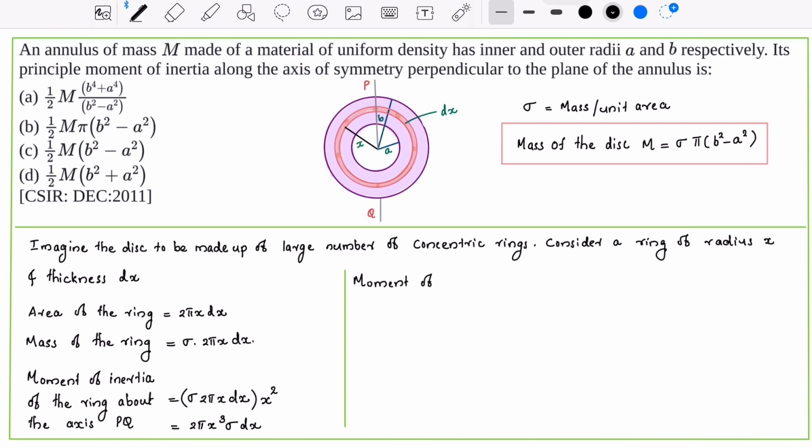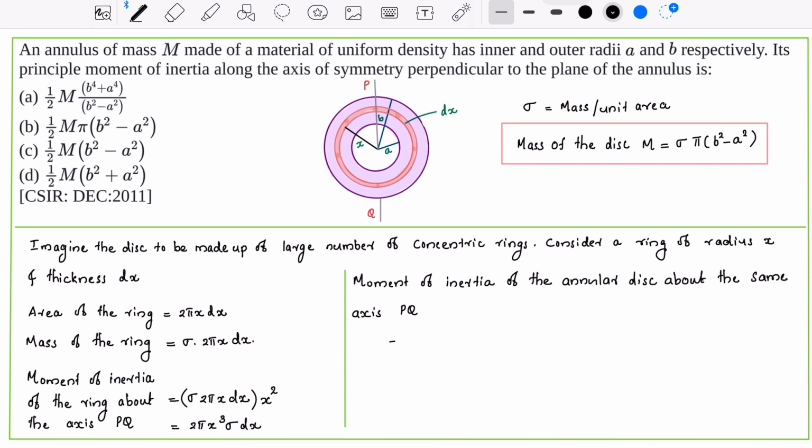Now we have to find out the moment of inertia of the annular disk about the same axis PQ. We have the moment of inertia of the ring about the same axis PQ is 2 pi x cube sigma dx.